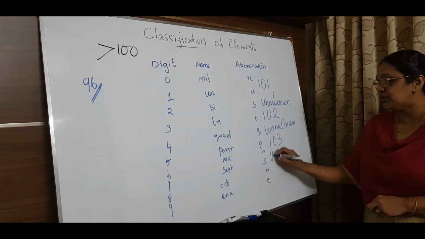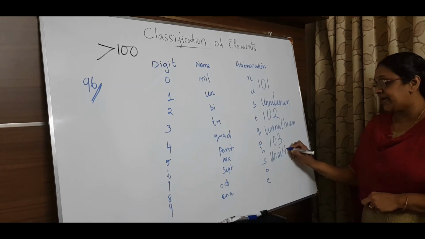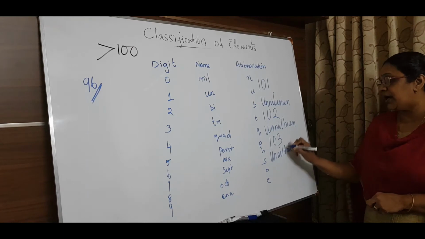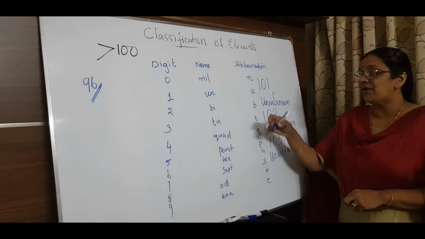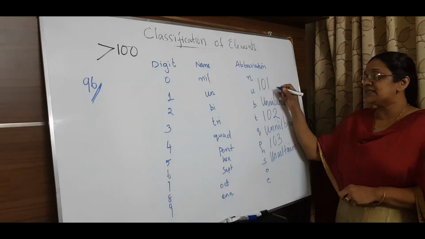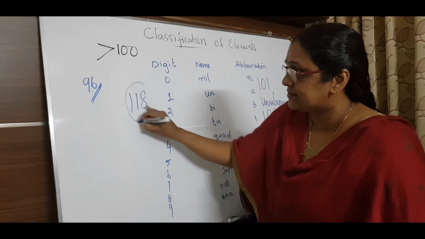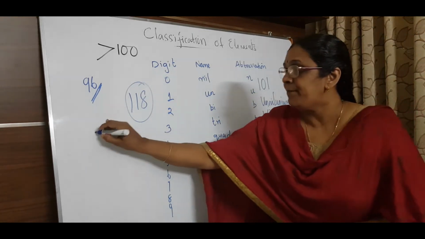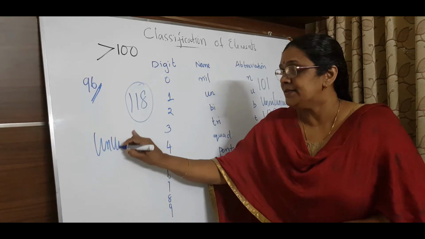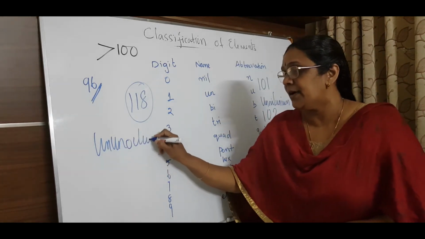How will you write 103? Un, nil, then 3 is tri, trium. So un, nil, trium. So what you have to do is write the elements from 101 up to 118. How will you write 118? 118 will be un, un, 8 is oct, octium.